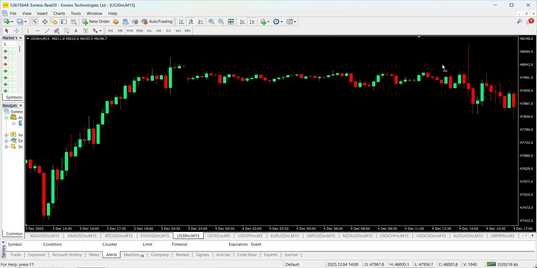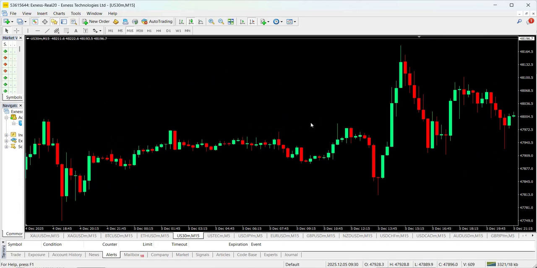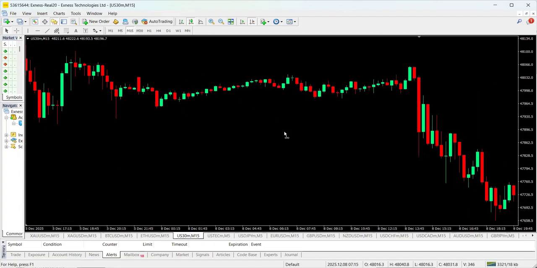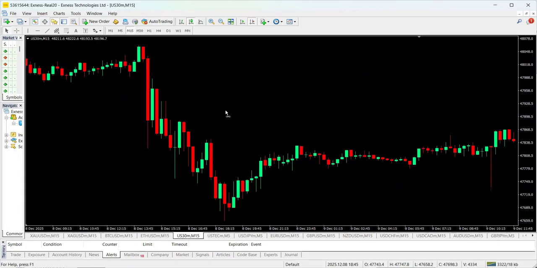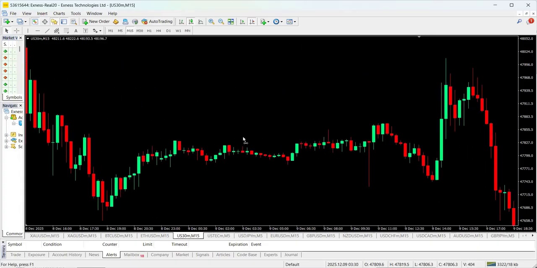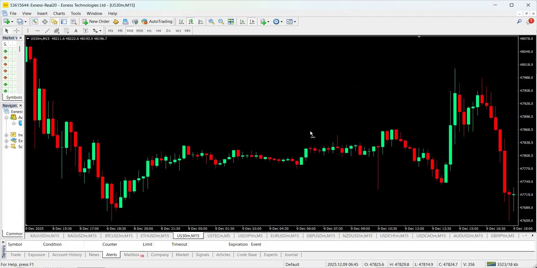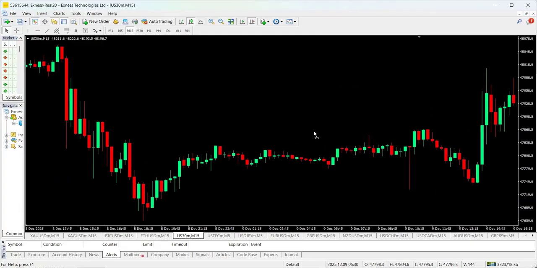It moved up, came down, moved up, okay, came down. But it's always better to use the one that is very clear. All right. For example, this moved up, came down, moved up, came down. Now this is a clear trend here. Let's look at this one. See what we have.